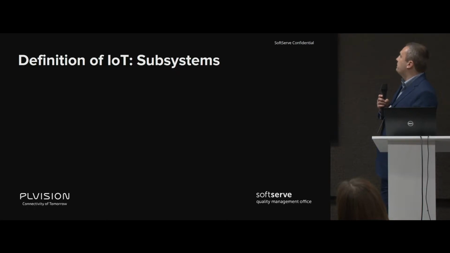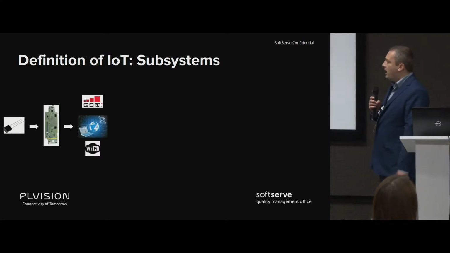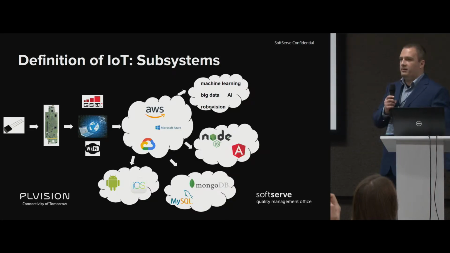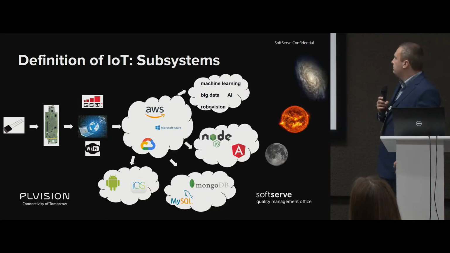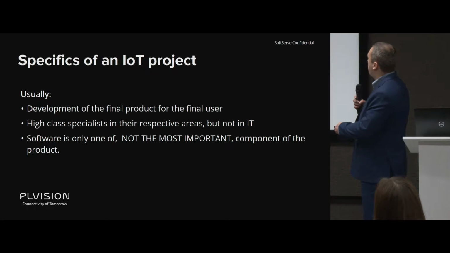IoT subsystems include sensors, controllers, everything related to data transmission, receiving, storing, processing, reprocessing, and display.